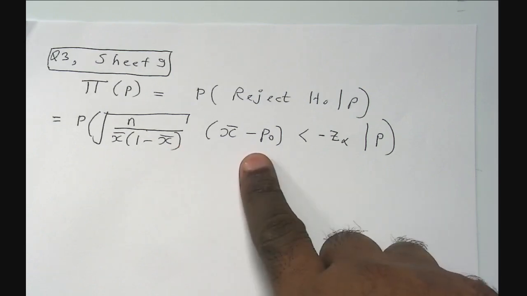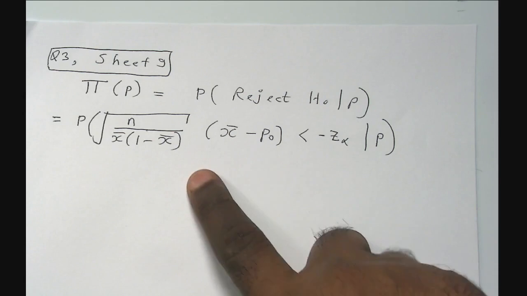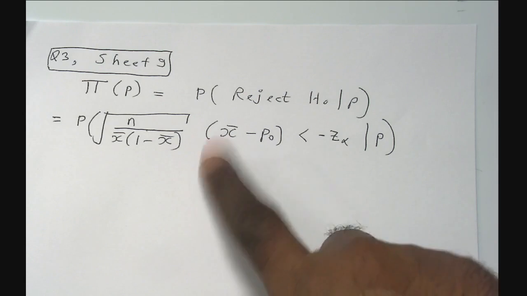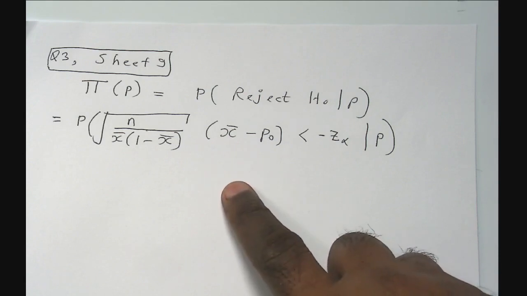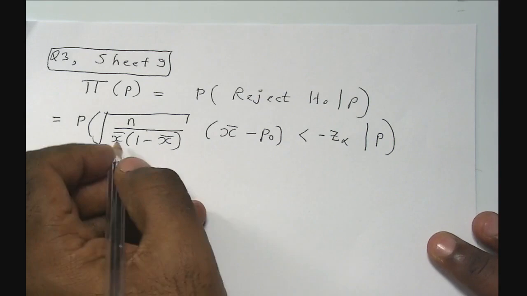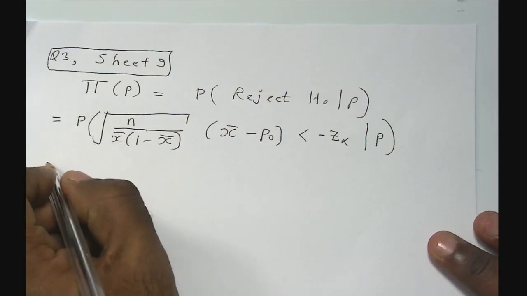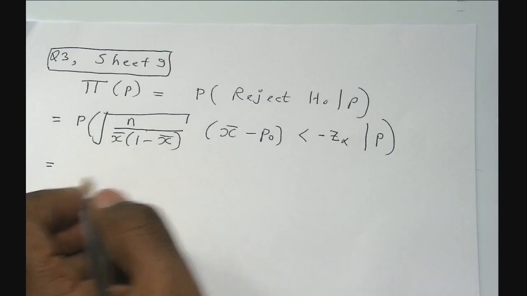You can use either one of them, but I prefer to use the one in the printed notes. You remember the other day that I gave you an alternative set of rules where you replace x bar by p, or something like that. But I would prefer to use this one anyway.